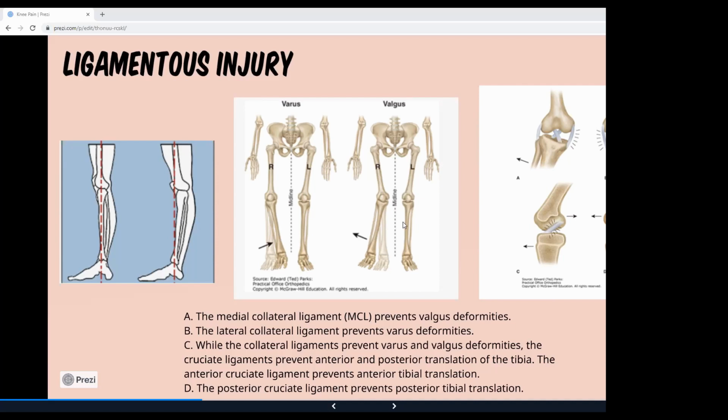So they go towards themselves. And then the lateral collateral ligament will prevent a varus deformity. We know that the collateral ligaments work around here, but we also have the cruciate ligaments who will prevent that anterior and posterior translational movement. So they'll keep the joint stabilized.